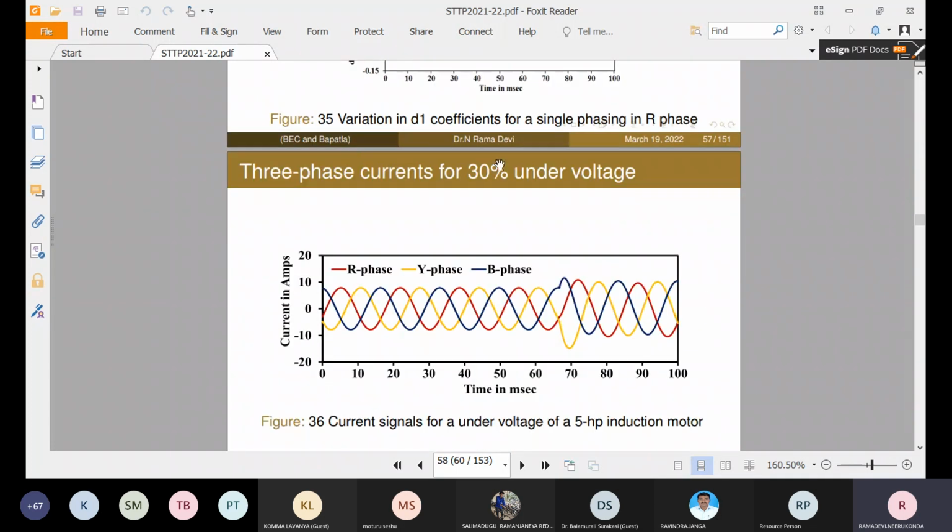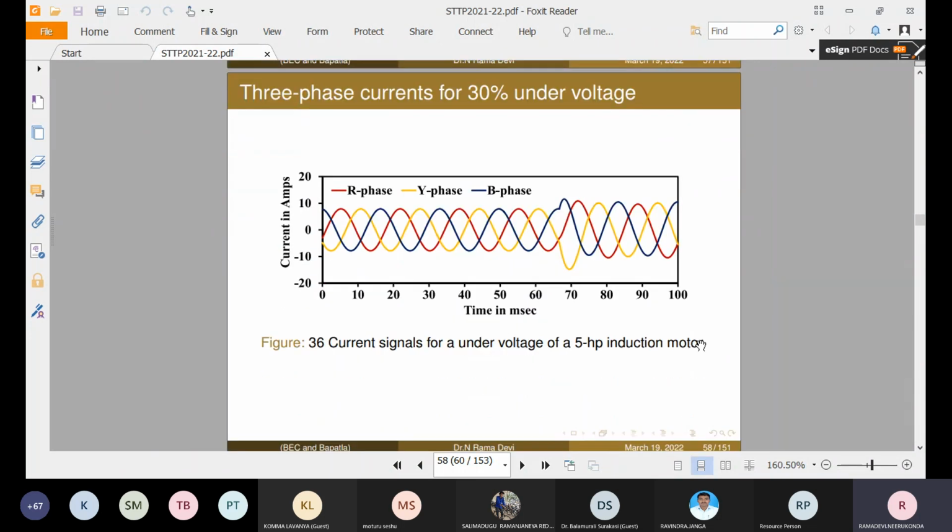The next one is the 30% under voltage. So we create the under voltage disturbance on the three phase induction motor, which is created with the help of 30%. So how do you create this under voltage? The voltage corresponding to the system, let us take it as 440 volts line to line value.